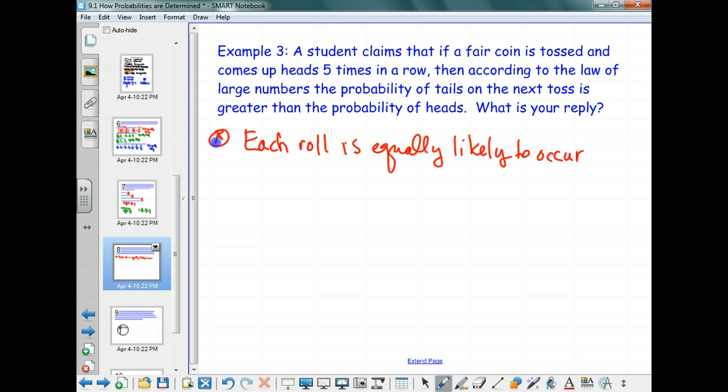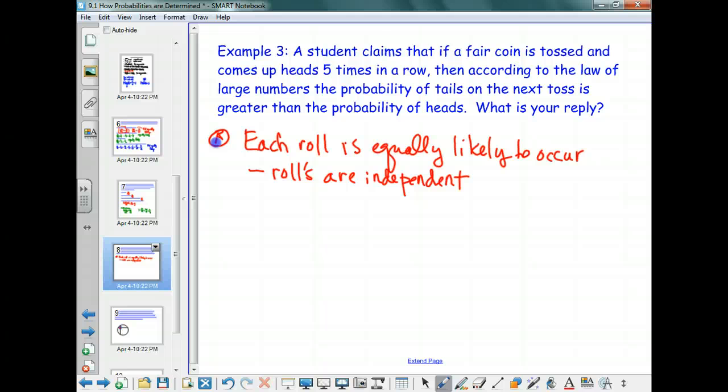Another thing you could think about in this idea is that the rolls are independent. There's no correlation between what happened the first time and what happened the second time, unless, you know, it does say it's a fair coin. Obviously, if the coin were weighted or something, that wouldn't be true. This is a fair coin.